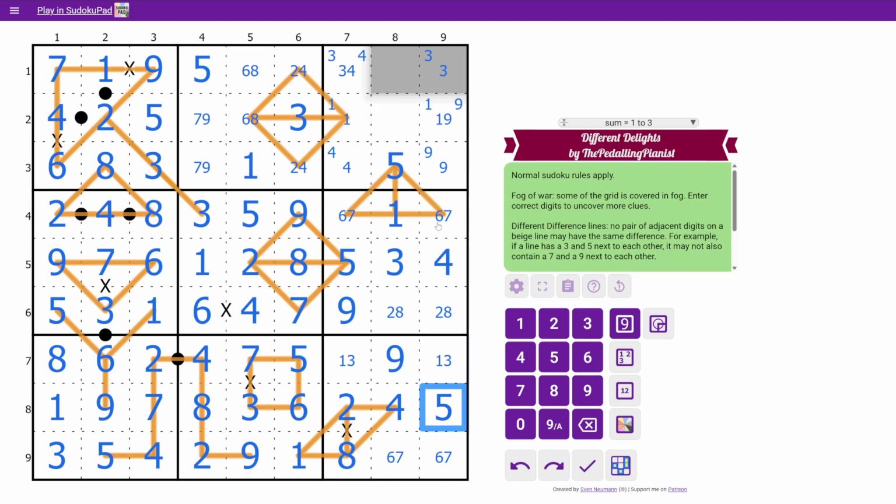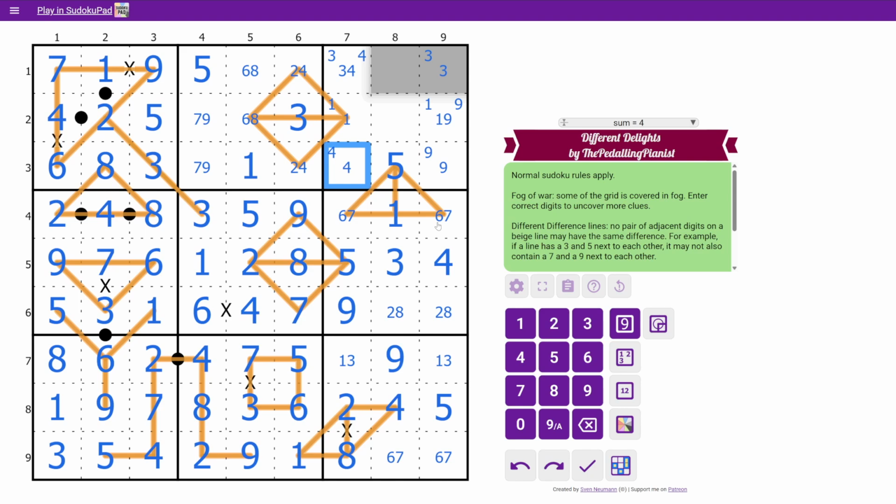There is a 6-7 combo in this column. There is another number somewhere. No. What does this see? 1, 2, 3.